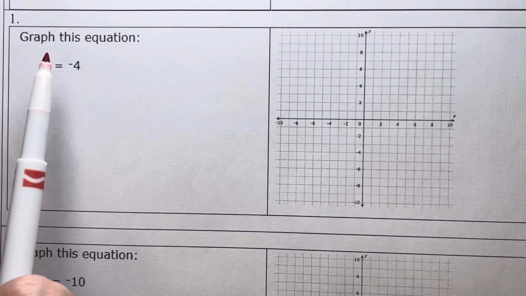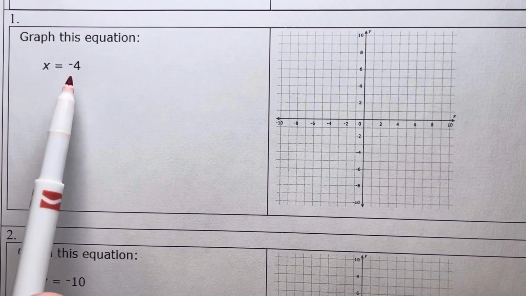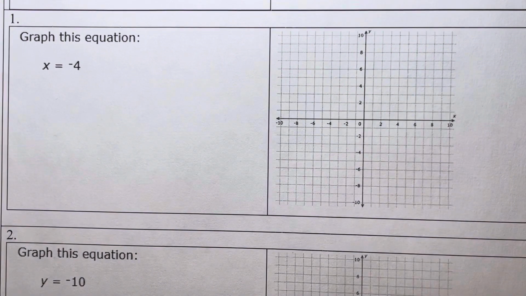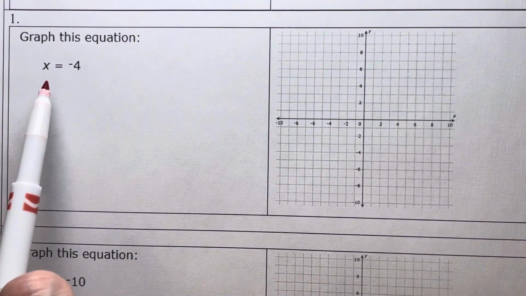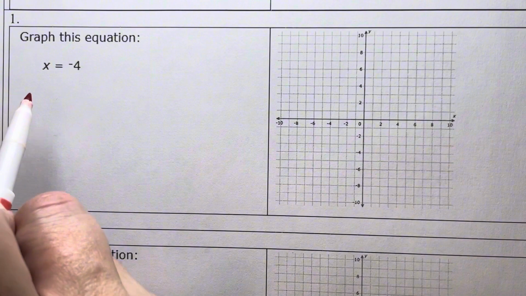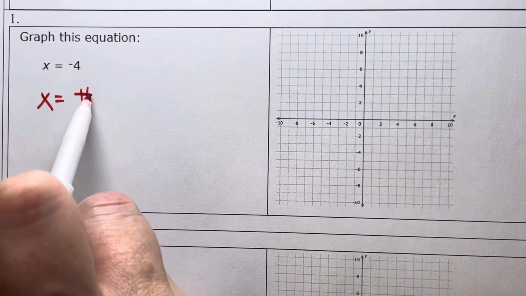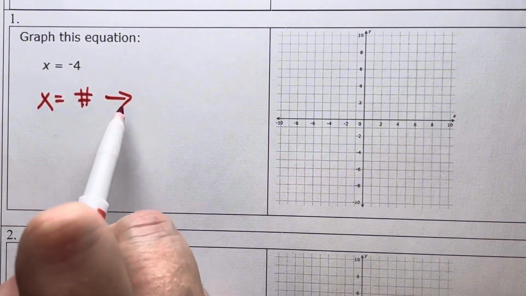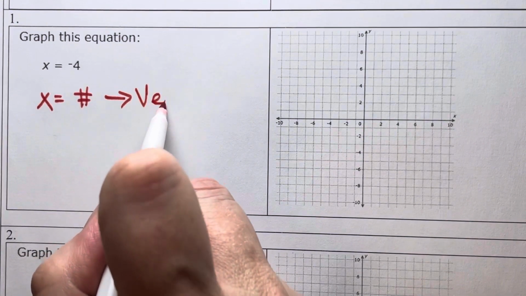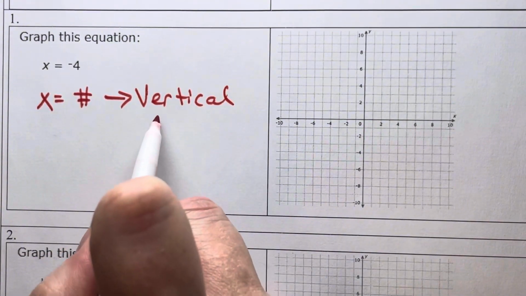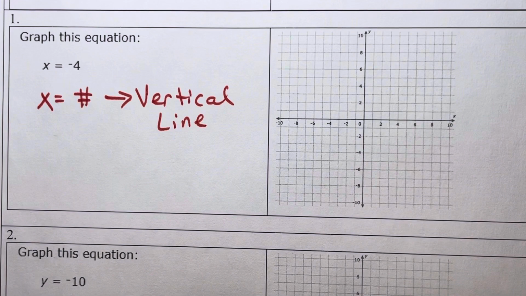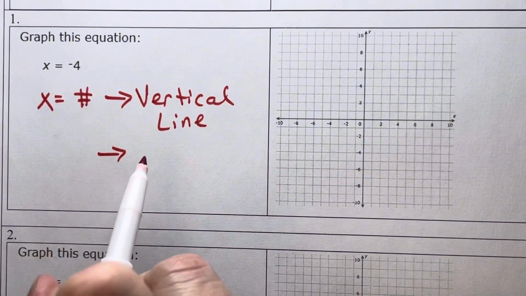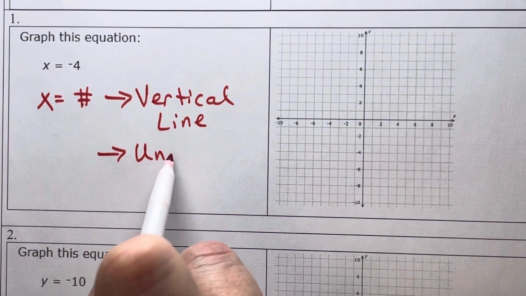Example 1, we need to graph the equation where x is equal to -4. From the introduction, we learned that all equations where x is equal to a number are going to create vertical lines. And we learned that all vertical lines have an undefined slope.